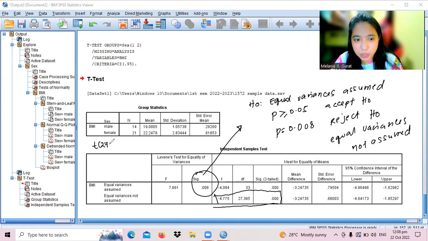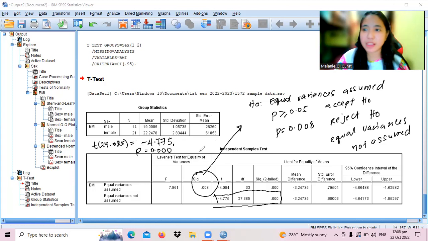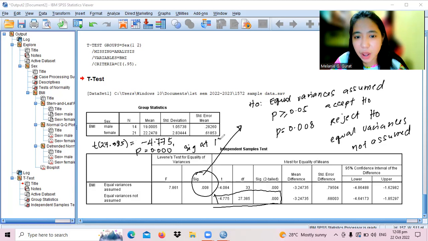We will be using 27.385, and t is equal to negative 4.775. And p is of course 0.000. And it means that it is significant at 1%.